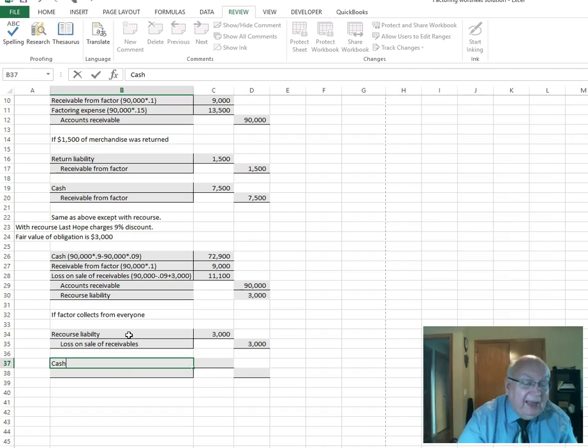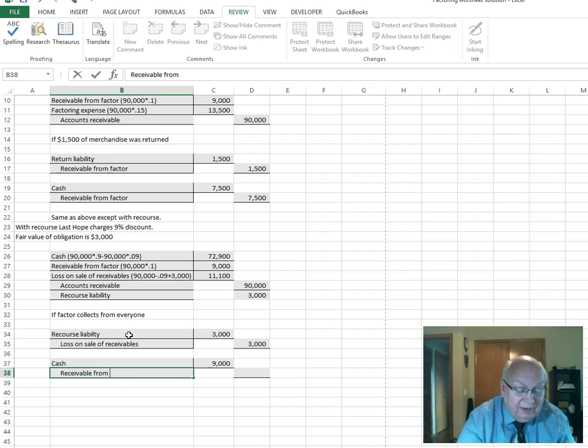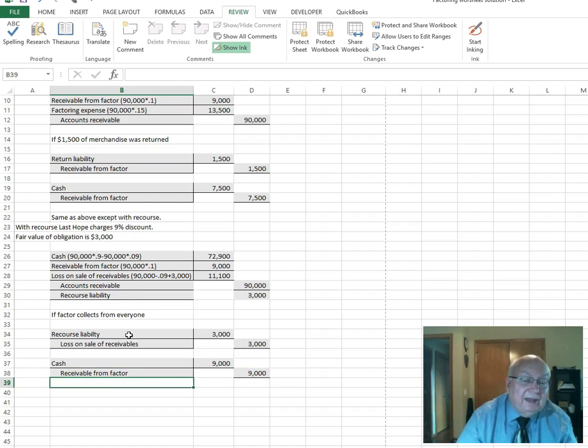And then you also have cash of $9,000, because we didn't have any returns this time, and credit receivable from factor for $9,000. Okay, that's for the receivables.